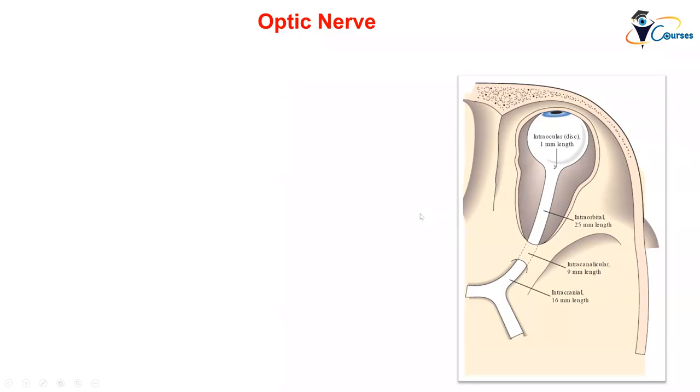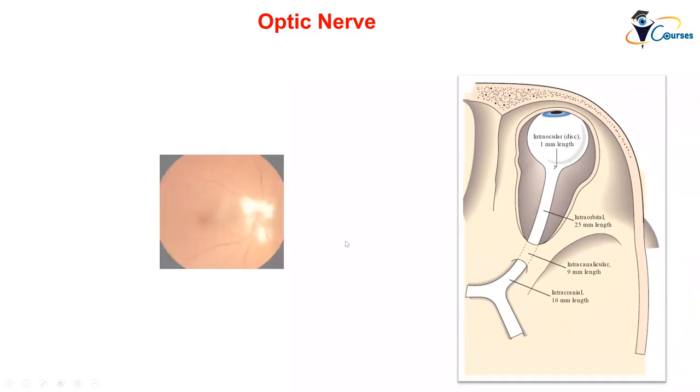So what are the important clinical aspects here? First of all, the optic nerve itself consists of 1.2 million nerve fibers, and it is around 45 to 50 millimeters in length, starting with the intraocular part. Basically, the myelination of the optic nerve starts from behind the optic disc, from the retroocular part.